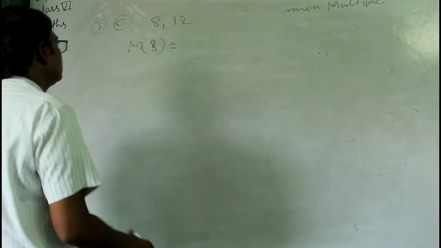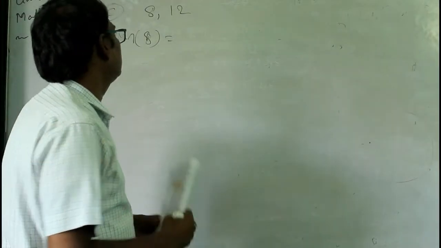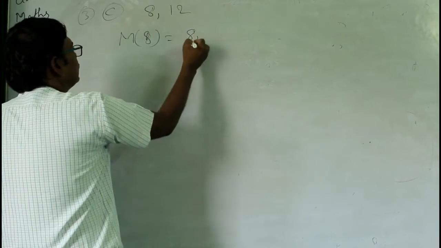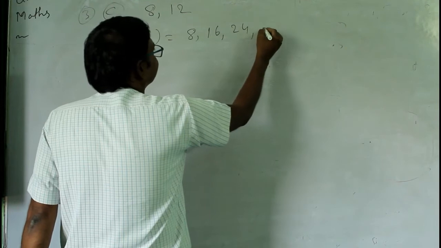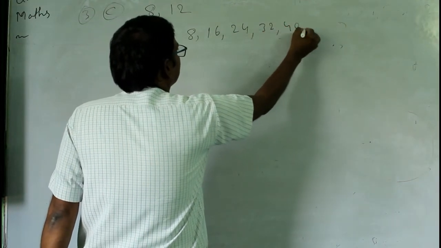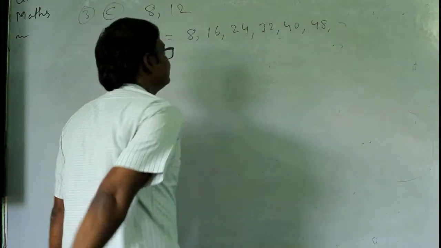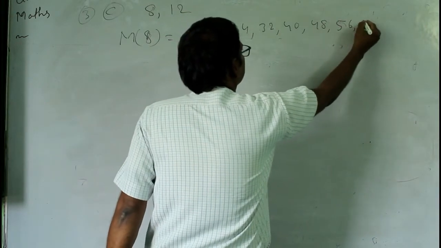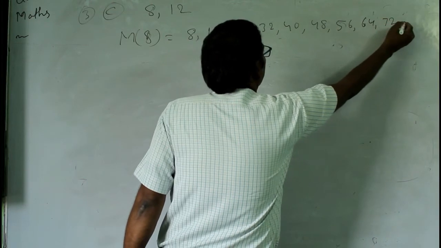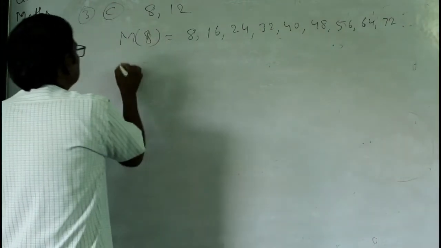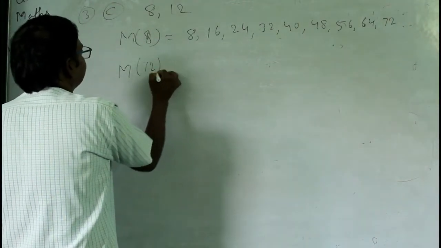You will write in your copy that multiples of 8 equal to, that is, first is 8 ones are 8, 8 twos are 16, 8 threes are 24, and so on. There is no end to this. Then multiples of 12.